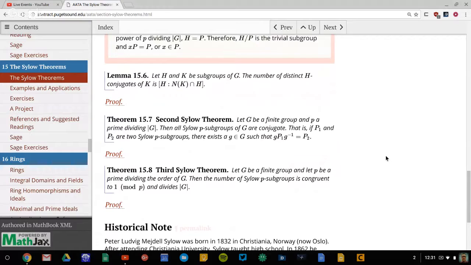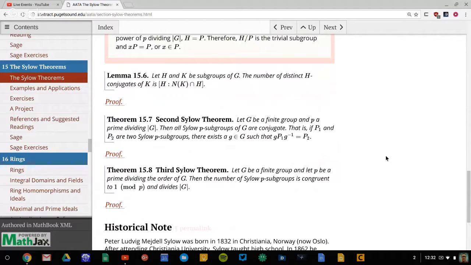So we're considering hKh inverse, for every possible element h of H. Okay? That produces, again, subgroups of G of the same size as K. They're all conjugates of K. This lemma concerns the number of those. The number of distinct conjugates, we've got this nice expression for it.